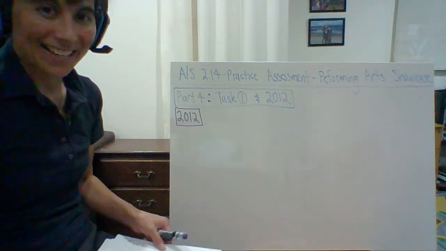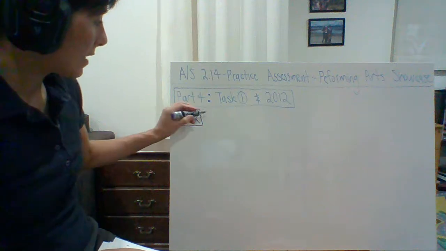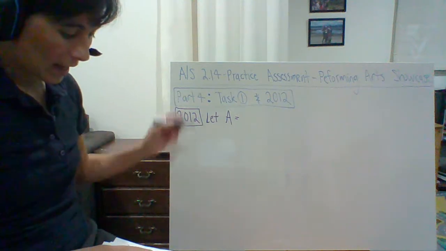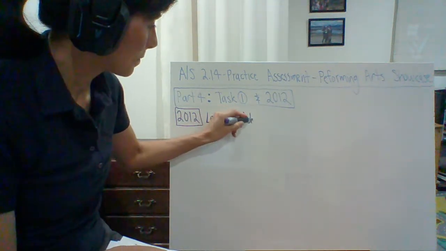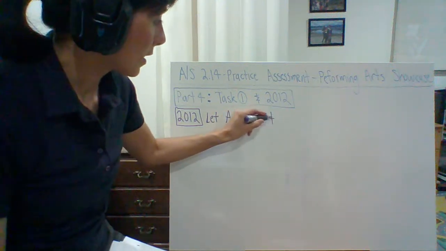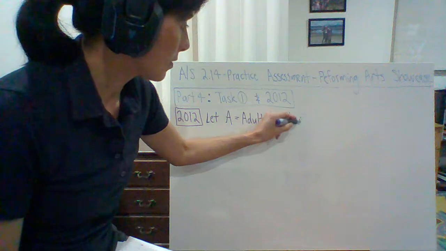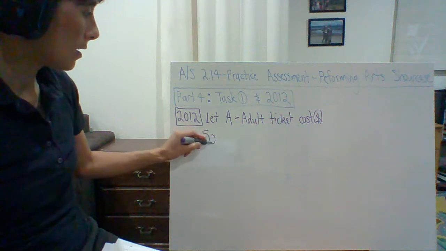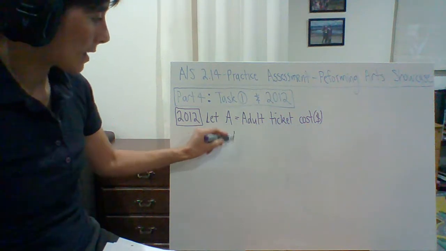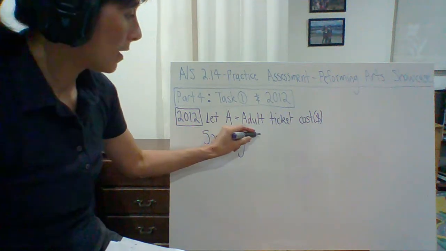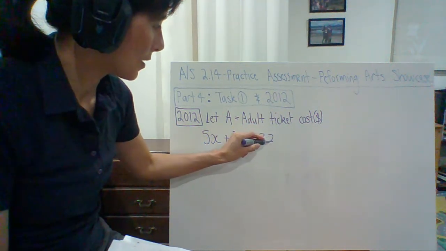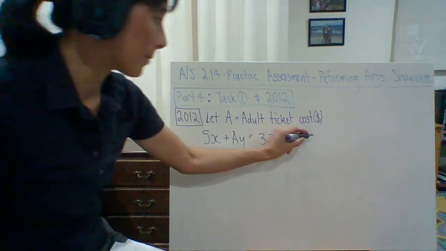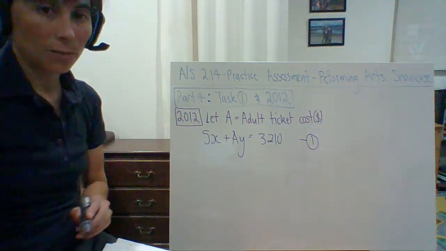The way we can write that down as an equation is if we let capital A, which I'm just choosing for adult ticket, equal the adult ticket cost in dollars, then we can form the equation 5x plus Ay equals $3,210. This is the total amount of profit we will make. We'll call that equation 1.